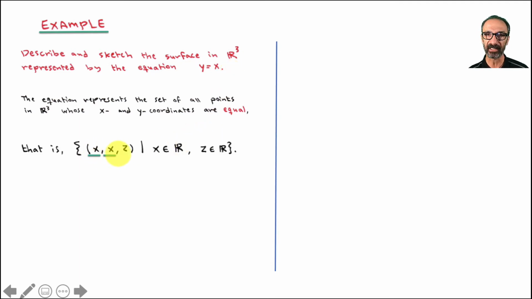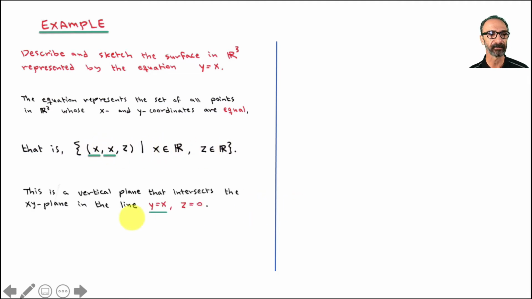You could call them x and x, you could call them y and y, it doesn't matter, as long as you keep that in mind: (5, 5, 1), (5, 5, 3), (5, 5, 7), and so on. So these have to be equal, where x belongs to the set of real numbers and z belongs to the set of real numbers. This is a vertical plane that intersects the XY plane with y equals x.